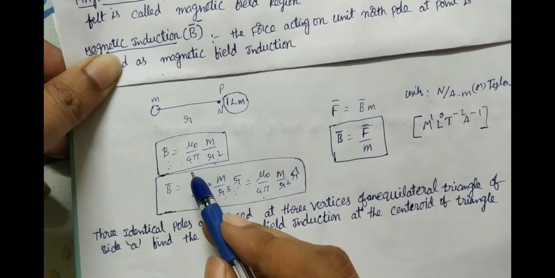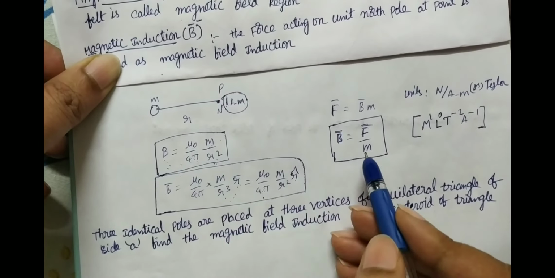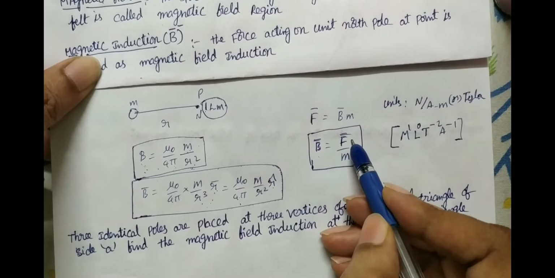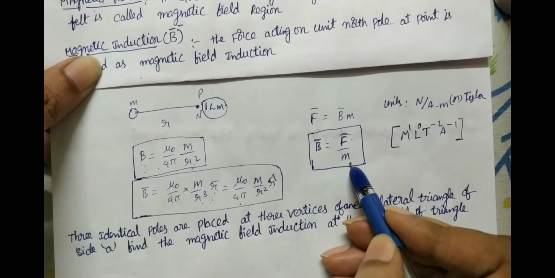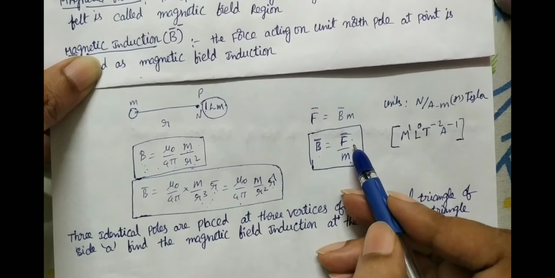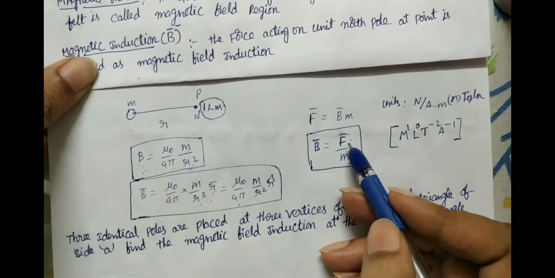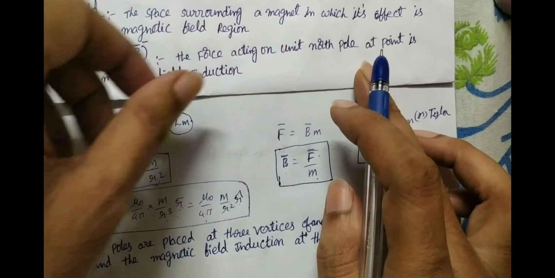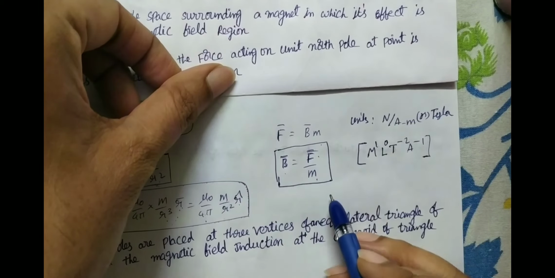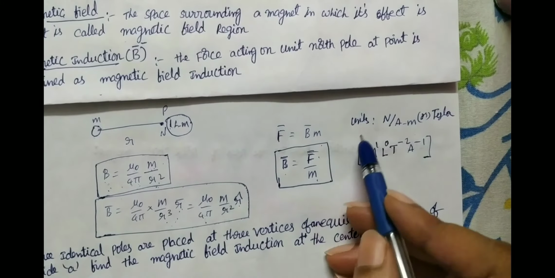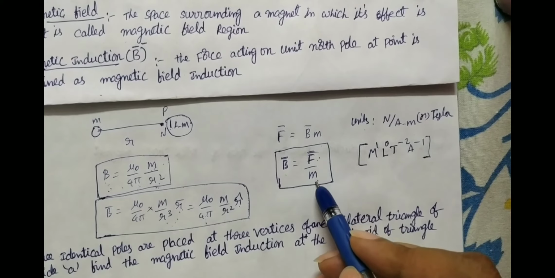Now what is the relation between force and magnetic field induction? How do they define B? There is a force acting on the unit north pole. If m is equal to 1, B is equal to F. What is B here? Magnetic field induction, or magnetic field strength we can say. Its unit is force by pole strength.